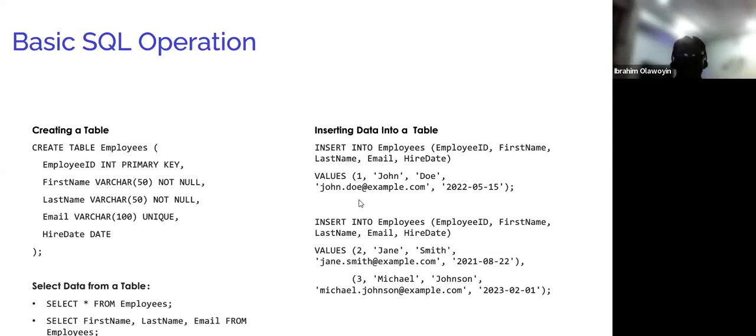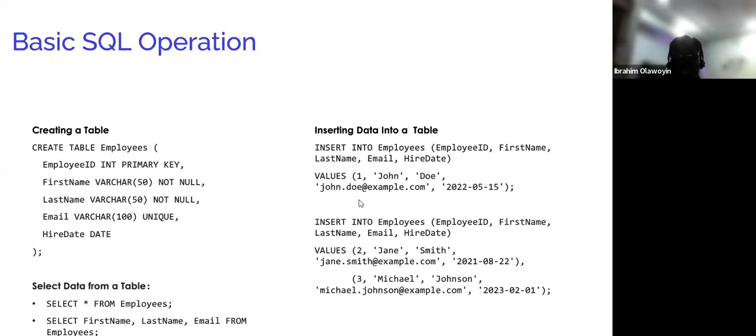Then we have another entry for values. This values clause takes the record that will be stored in the rows of our table. So one would be represented for employee ID, John for first name, Doe for last name, and the likes for others, right? So this is one approach.